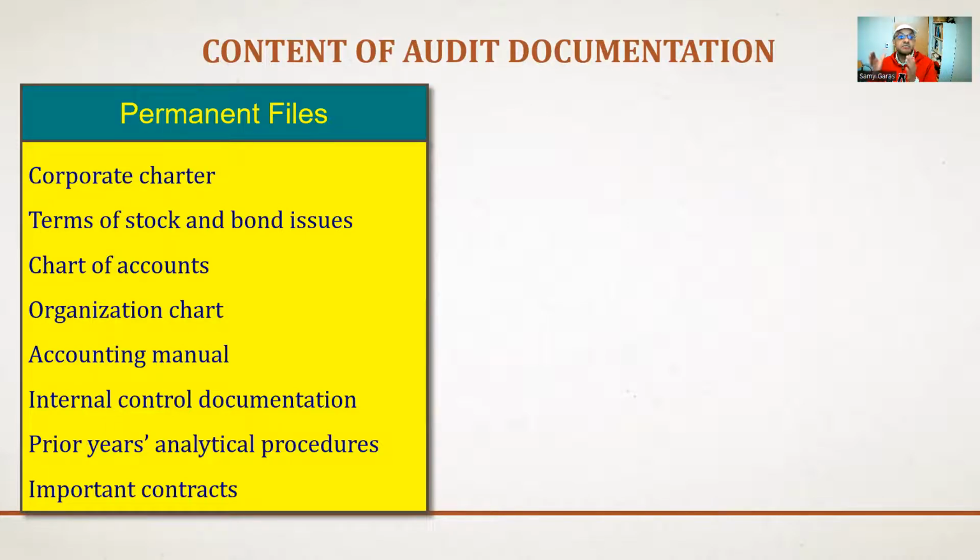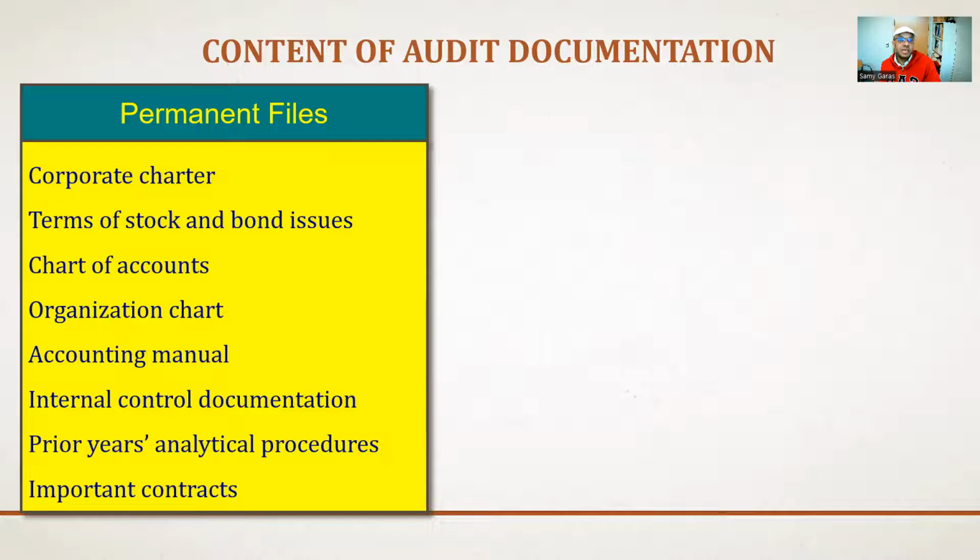We make several folders on our computer that have a copy of all this documentation. In the past, 10 or 20 years ago, we used to take files to the client, but now we don't have physical files; we put them on our laptop before we go to the client.